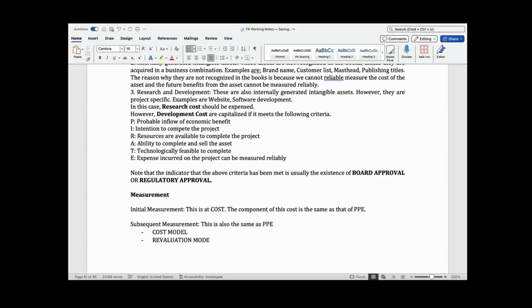And what's cost model? Cost less accumulated depreciation or accumulated impairment loss. Thank you, Shidera. Cost less accumulated depreciation, less accumulated impairment losses.